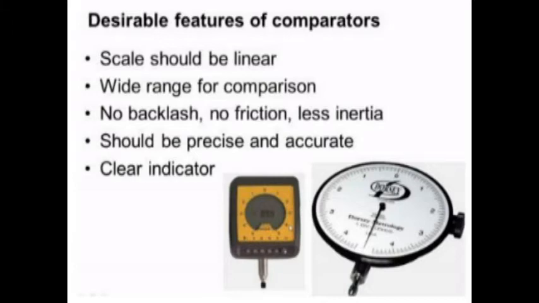So this is a contact probe, and we have the pointer, and we can see the markings on the scale are very clear so that we can easily read. Or it can be a digital indicator, so that we can easily take the reading, and also transfer the data via some communication system to a computer system.